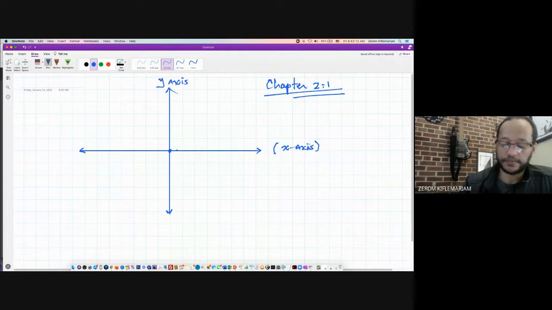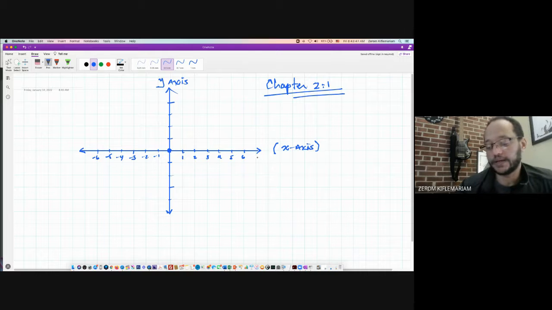Right here, anybody remember what we call this? Where the x-axis and y-axis cross or intersect, what do we call that? So the values 1, 2, 3, 4, 5, 6, and -1, -2, -3, -4, -5, -6.